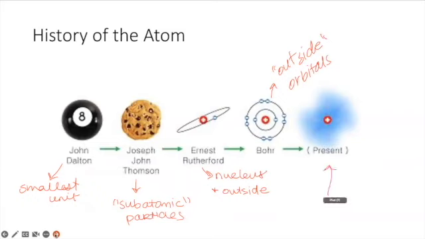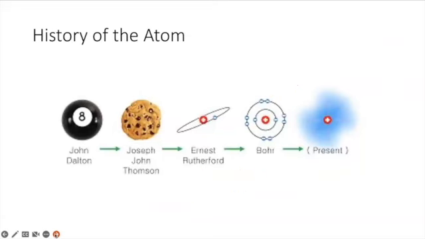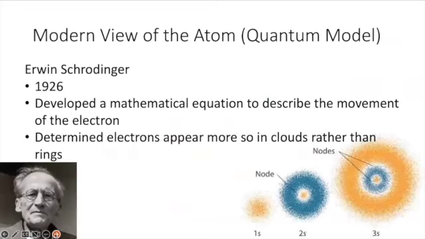Then we reach present day, which says, not necessarily. I think the electrons more so hang out in a cloud. The modern view of the atom by Erwin Schrödinger is also called the quantum model.